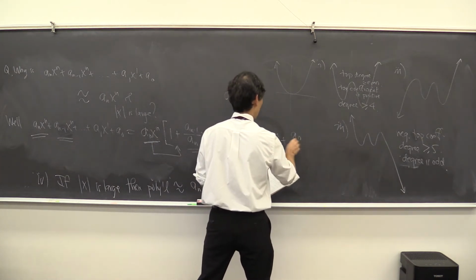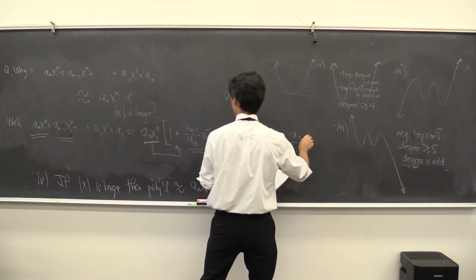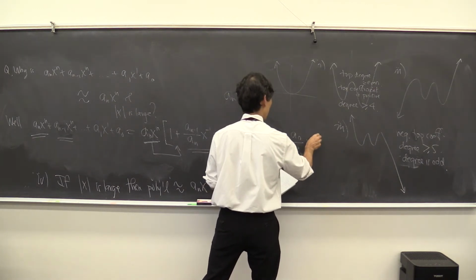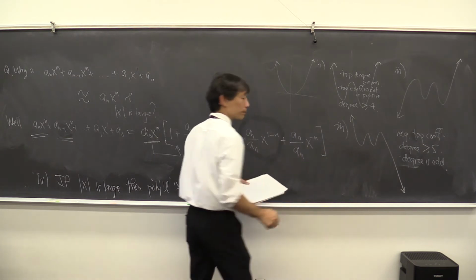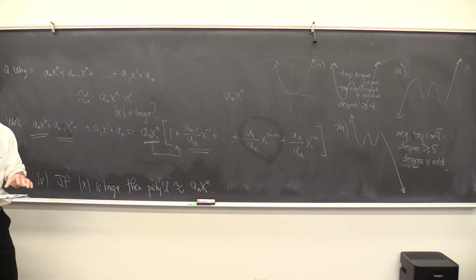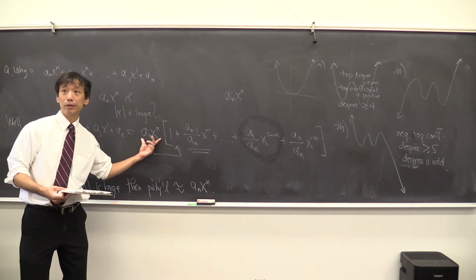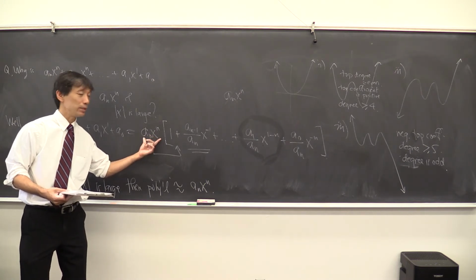We're going to need a_0 over a_n, and then we need just x to the negative n, which would give us x^0, which is 1. So all we've done is factor out this a_n x^n.